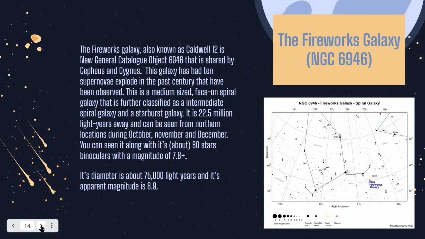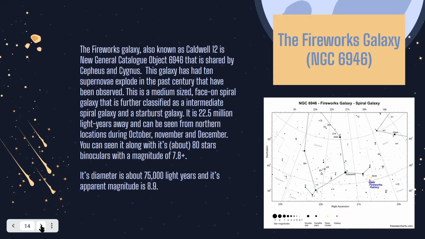So the first one is the Fireworks Galaxy, which is so cool. If you look at the map on the right, the bottom right, you can see in Cepheus where this is. You can see the small red dot at the bottom right. The Fireworks Galaxy is NGC 6946, and it's shared by Cepheus and Cygnus.